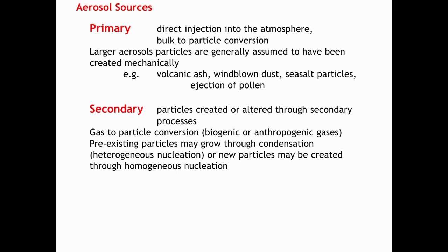Do we know what things are if we just measure them? Is there a detector for primary particles and a detector for secondary particles? We need to know something about the sources, because it's very, very difficult, just from the chemical composition, to infer whether the particles are primary or secondary.